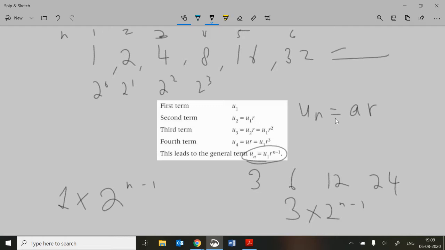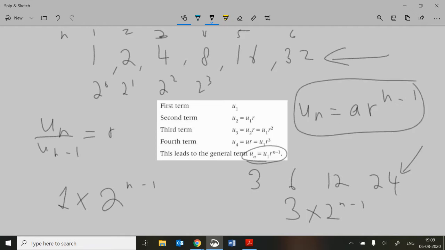In this case here it's 2. Common ratio you can find by doing the next term divided by the previous term. That will give you what you're timesing by each time to get to the next term. So that's the formula we're going to be using to start off with.